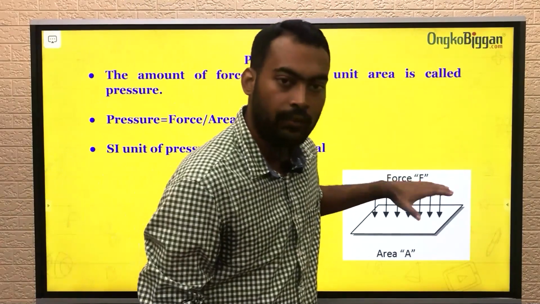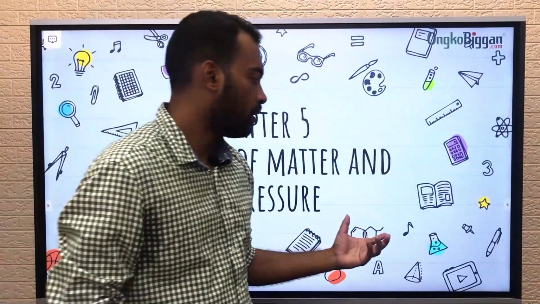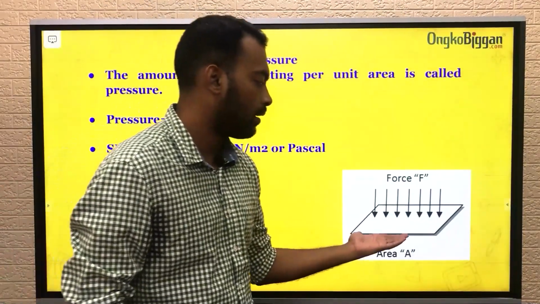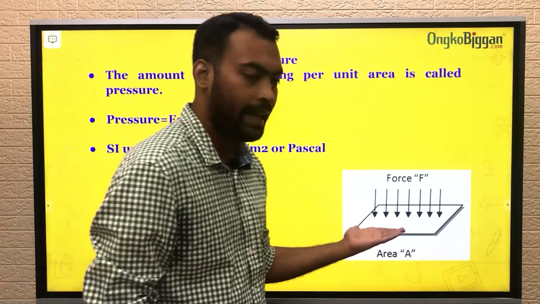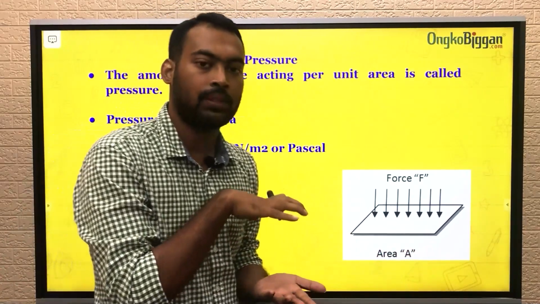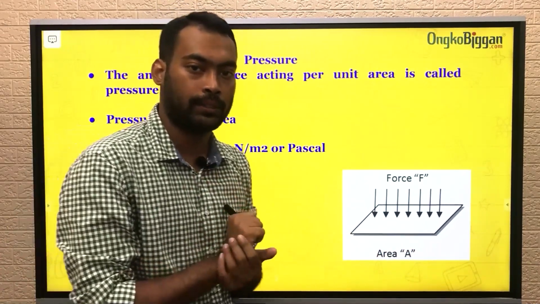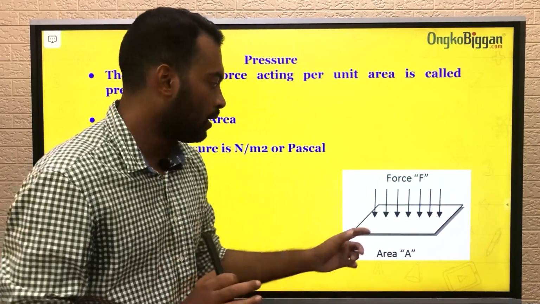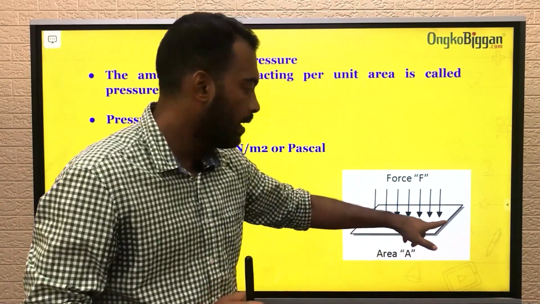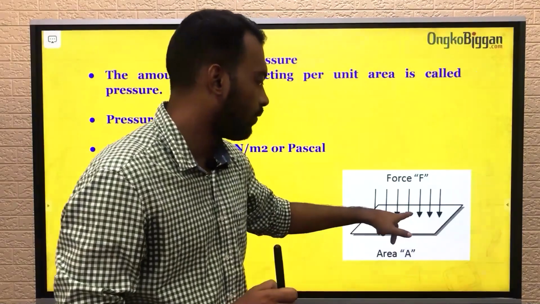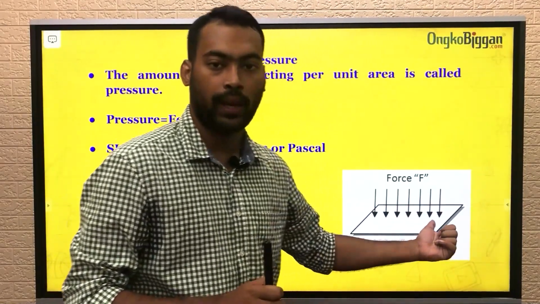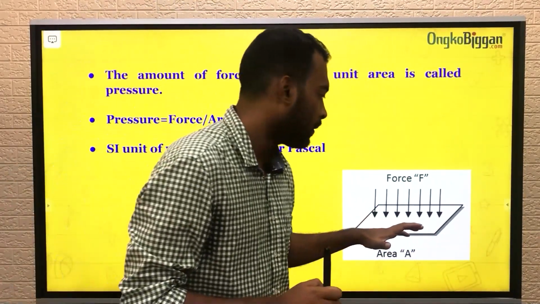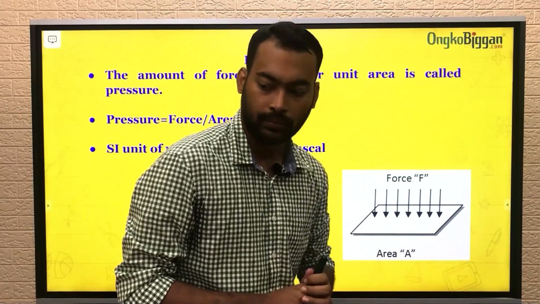Due to the application of force and the area it has, it exerts a certain pressure on the object. Pressure is not only because of the force. The surface area is also a factor for calculating the pressure.